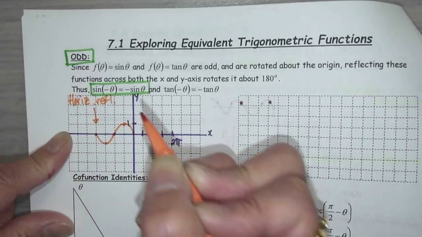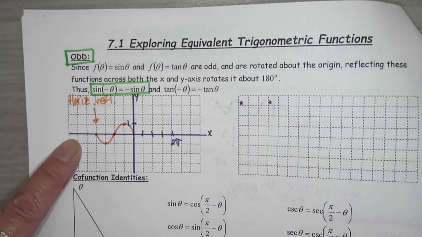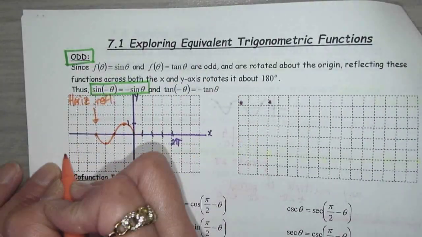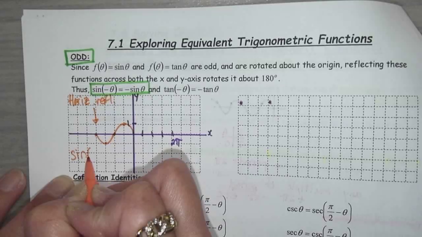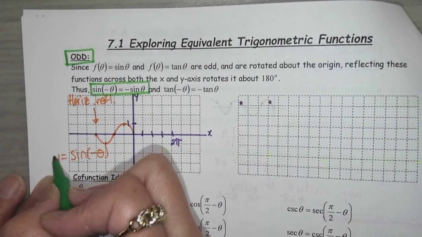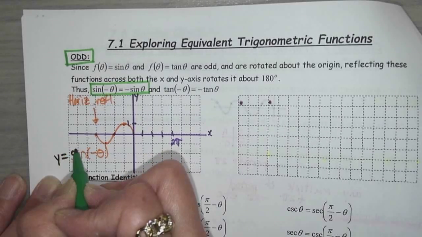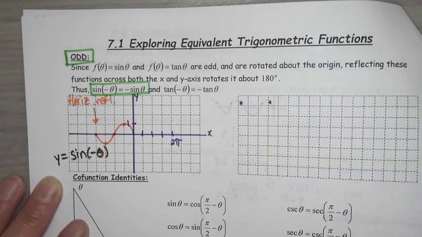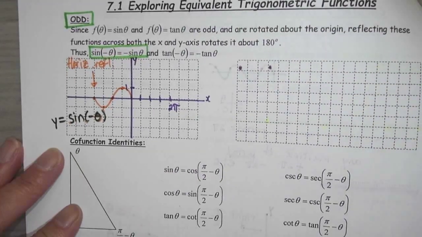So horizontal reflection. Right? Horizontal reflection means I took the graph and I reflected it horizontally. Is this okay? So this one is sine of negative theta. Y equals. Is that okay? So I reflected it there. I just want to show you that they're equivalent. Okay.